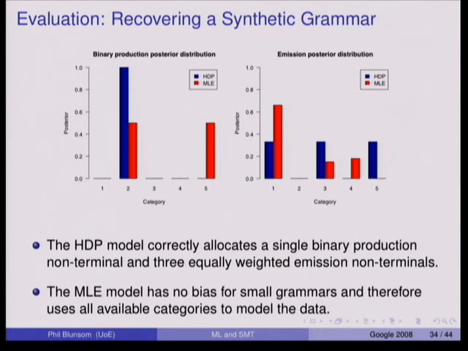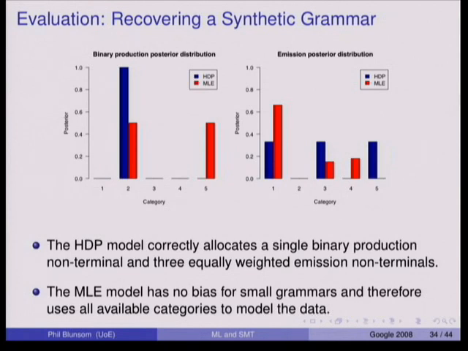If we just look at the left to start with, remember there is one binary production category S. And we can see from the blue bar there, the Bayesian model has allocated that to category 2, and it's learnt a single constituent, whereas the maximum likelihood has split that over two constituents, 2 and 5.